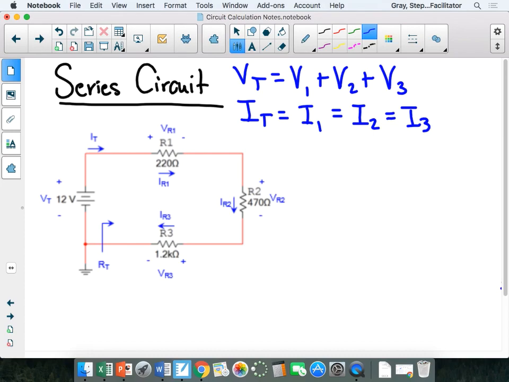So, and then on resistance, it's also the sum. So you need to know that for your test. Like, you need to know in series that voltages add up to be the total, but that current is always equal.